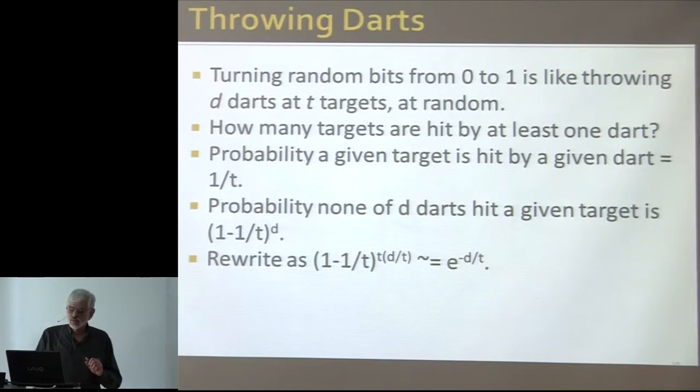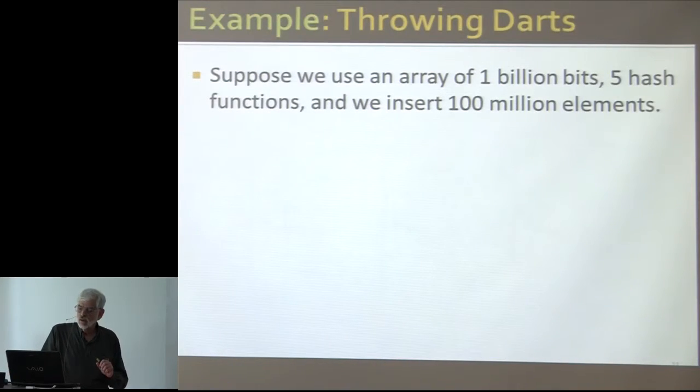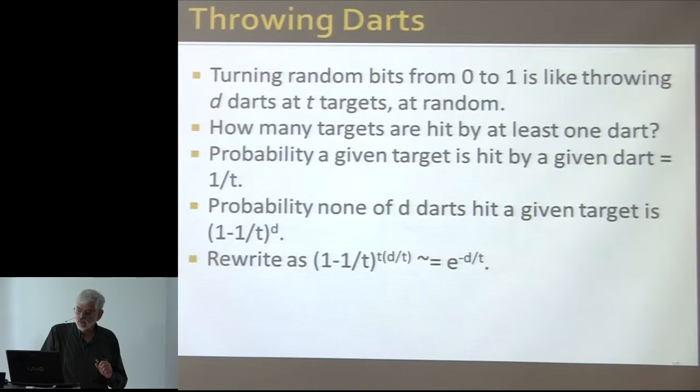Right. So if I take out everything but the d over t, that's 1 over e, or e to the minus 1, and then I've got that raised to the d over t power, so you get e to the minus d over t. That is the probability that an element of the array stays 0.